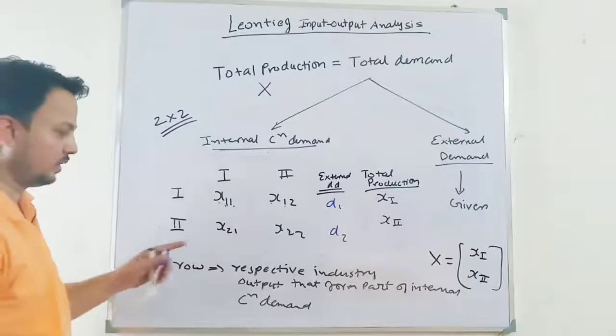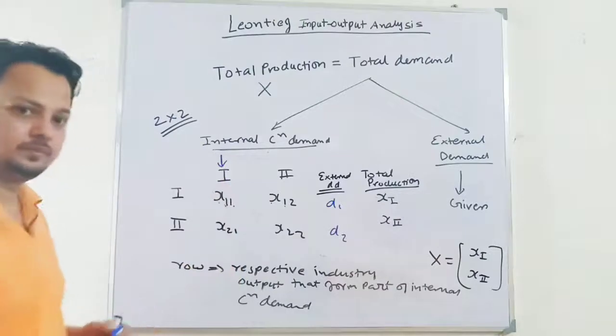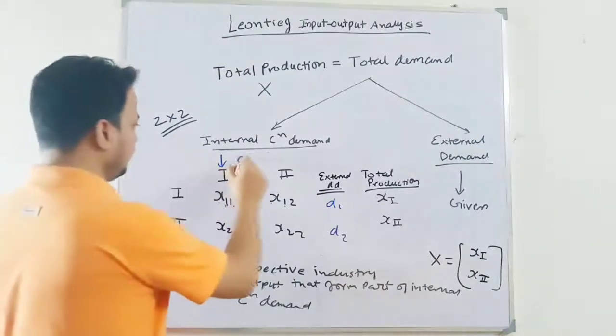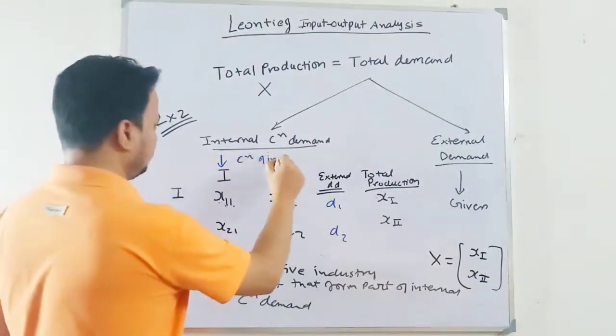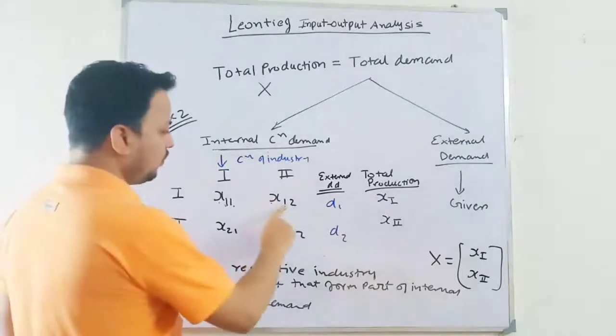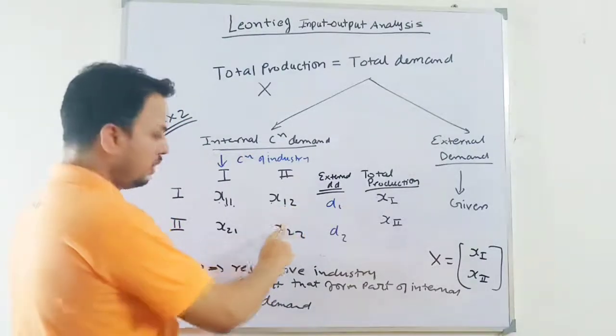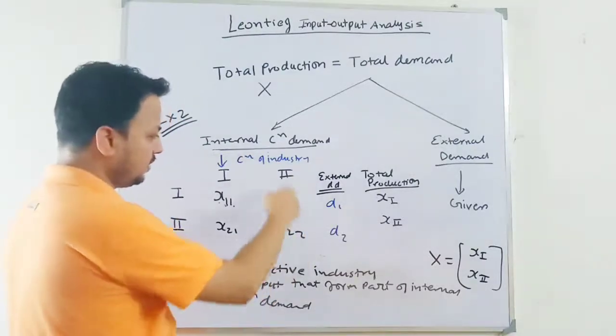So the column represents consumption of the industry. Like for the second industry, output of first industry consumed by industry 2, output of second industry consumed by industry 2.